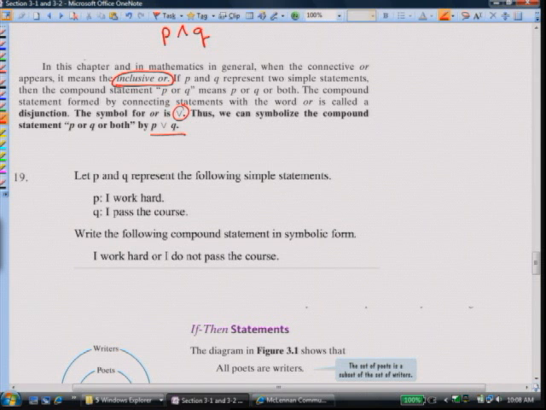Now this is just slightly trickier because we learned the symbol for negation. What was the symbol for negation? It's called a tilde. So I work hard or I do not pass the course is going to be P, the or is the V, but I do not pass the course is going to be a little tilde and then a Q.